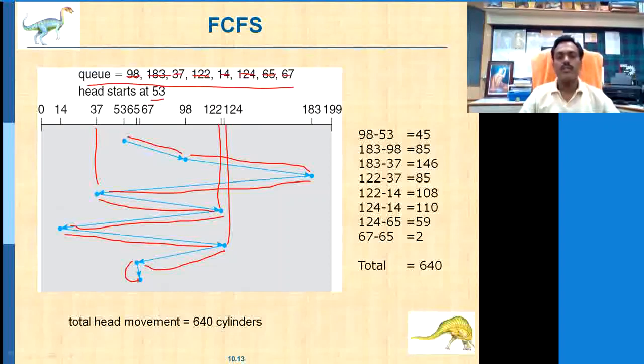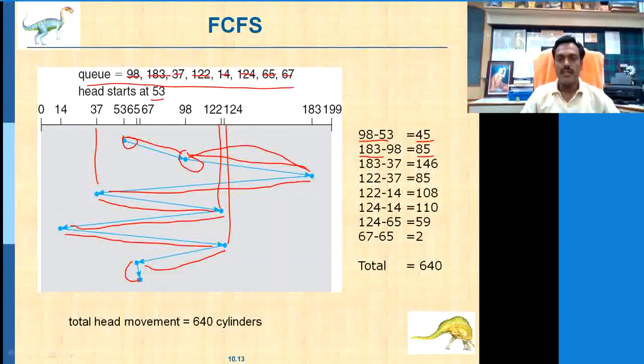Now this is very simple to implement, and if you want to calculate the total head movement, we have to calculate each head movement during the access of all the cylinders. Now if we start with 53, it goes initially to 98. So 98 minus 53, how many head movements are there? 45. Next, from 98 it goes to 183. So 183 minus 98, it is 85.